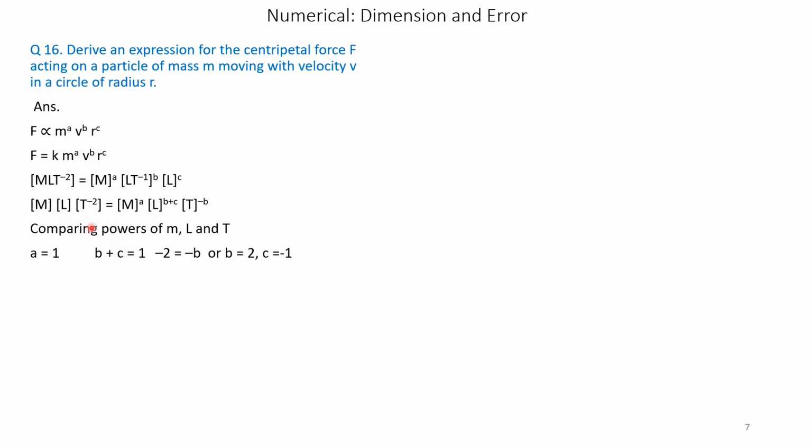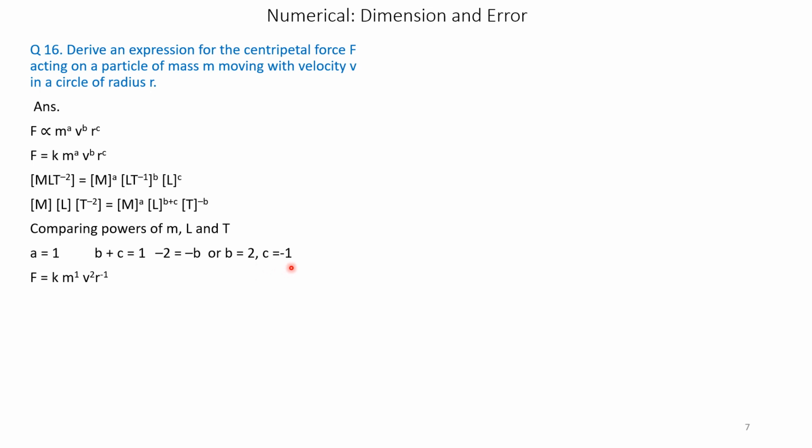Similarly, comparing the powers of t, we get -2 is equal to -b, or b is equal to 2. Substituting the value of b, we get c is equal to -1, and therefore a is equal to 1, b is equal to 2, and c is equal to -1.